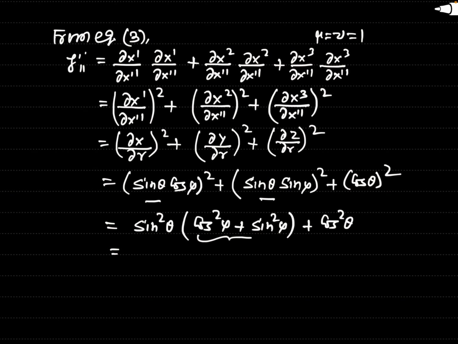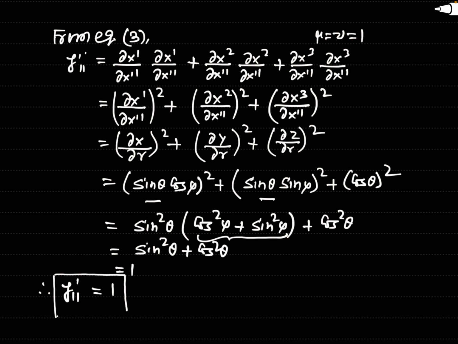But you know cos square phi plus sine square phi is 1, so this is simply sine square theta plus cos square theta, and that is equal to 1. It means the component G prime 1 1 of the metric tensor in the spherical polar coordinate system is equal to 1.